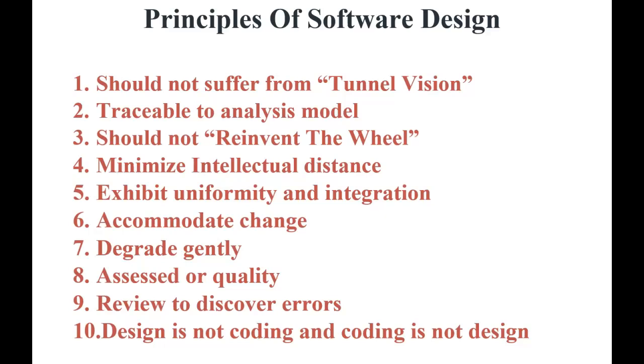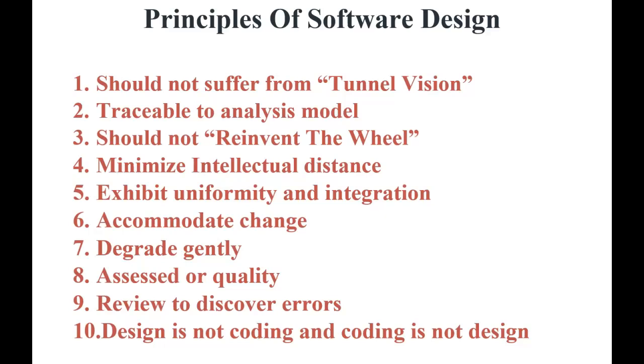Now the third principle is that the design should not reinvent the wheel. That means it should not waste time or effort creating things that already exist. Due to this, the overall development time will be reduced. Now the fourth is minimize intellectual distance. It means the design process should reduce the gap between the real world problem and the software solution for that problem.